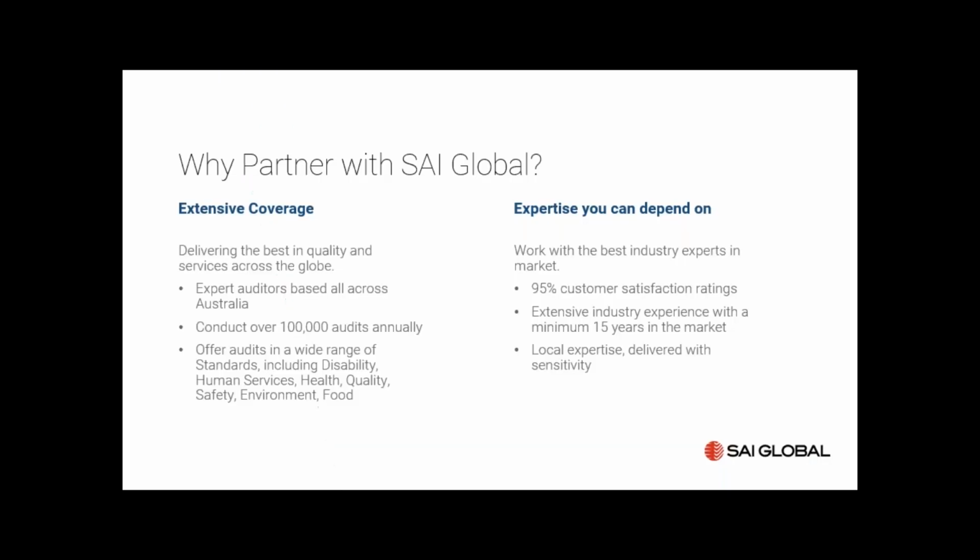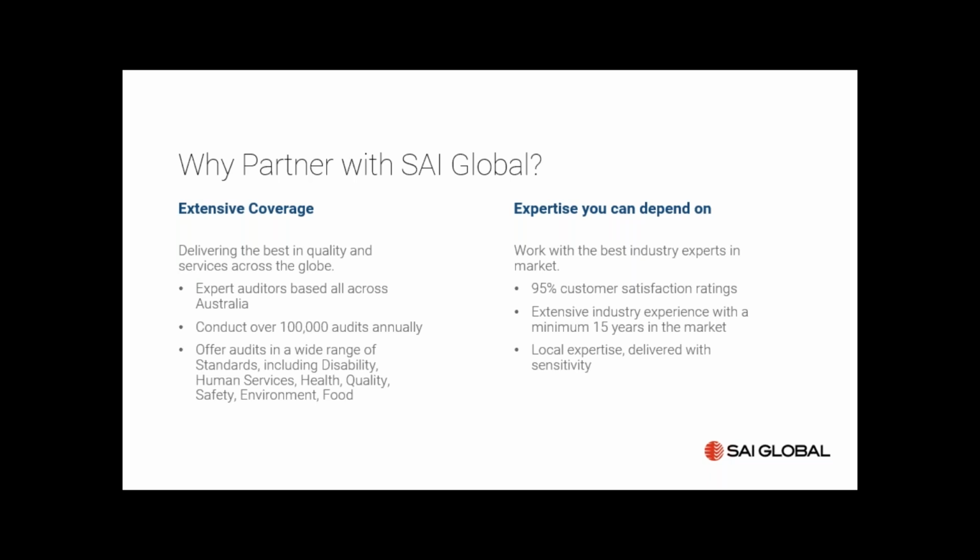So why partner with SAI Global? In terms of audit coverage, we aim to deliver the best in quality and audit services right around the globe. In Australia, we have auditors based in all states except Tasmania, so we can send local audit teams out to audit your system to minimise any travel costs.